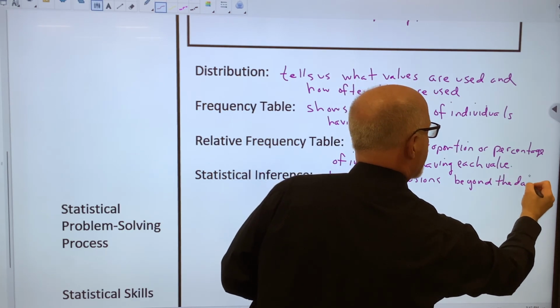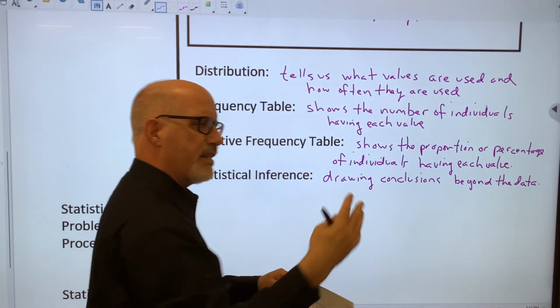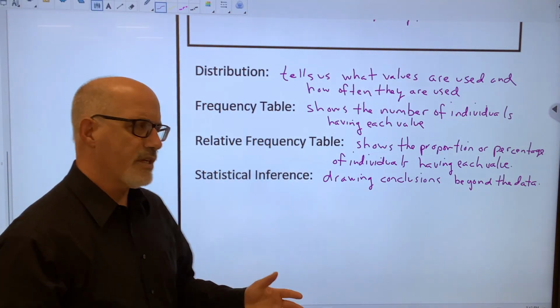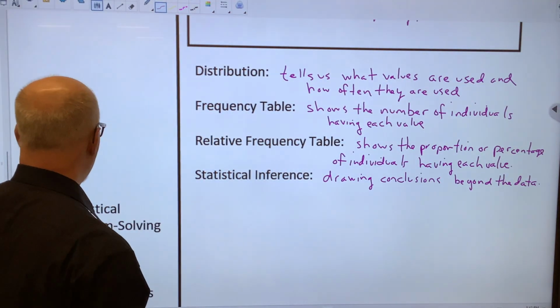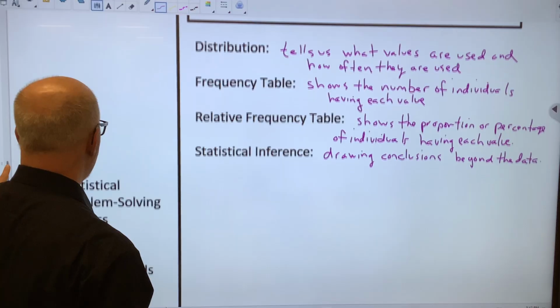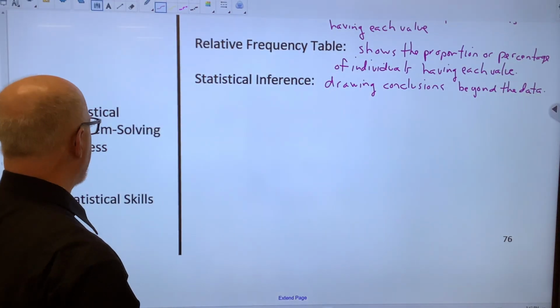With this one, what that means is we'll look at the data, we'll look at the summary, the frequency or the relative frequency table. We'll start drawing conclusions about what that tells us about the data.